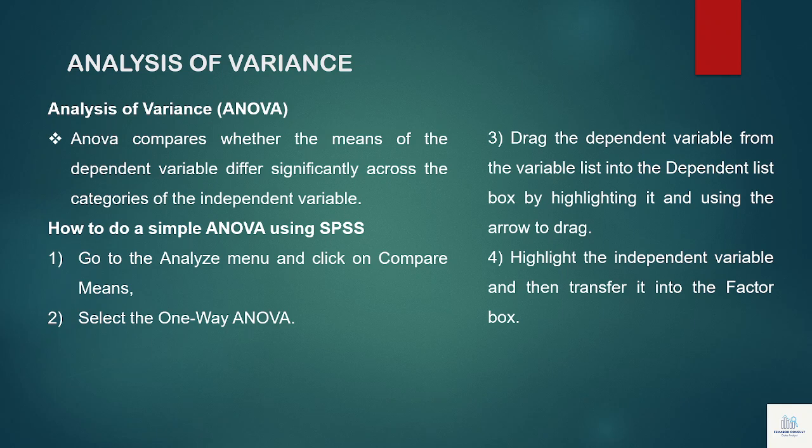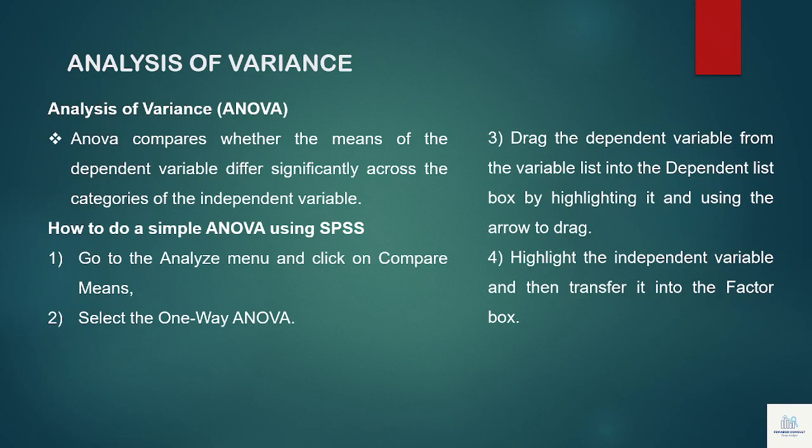Then the next point of call is analysis of variance. Now, this analysis of variance is also going to be easy for us because, in my own opinion, it's just one step above t-test. It also compares means, actually. But in this situation, it compares means when we have categorical variables that are more than two.